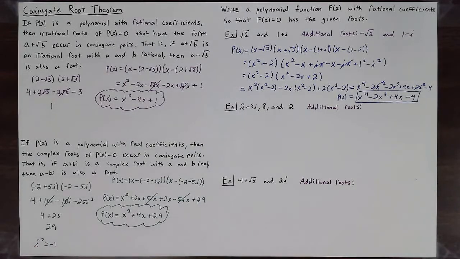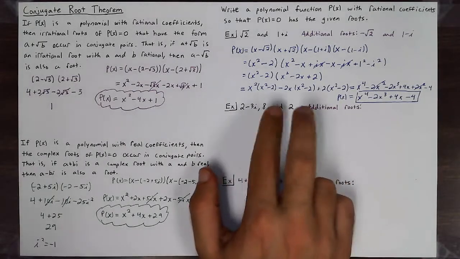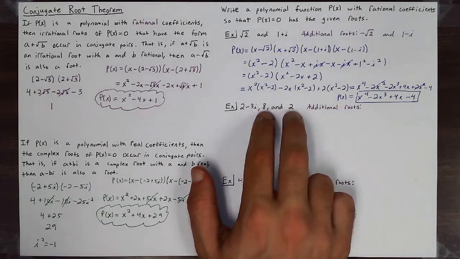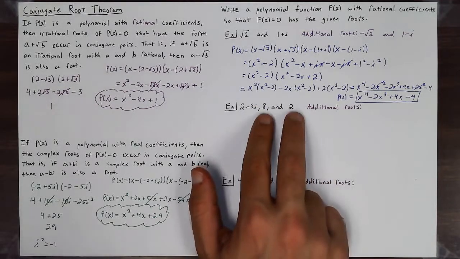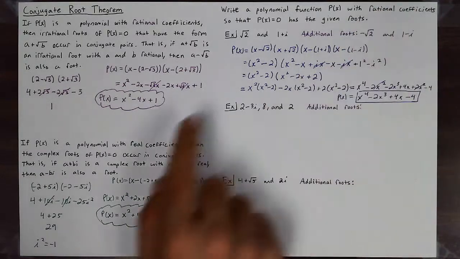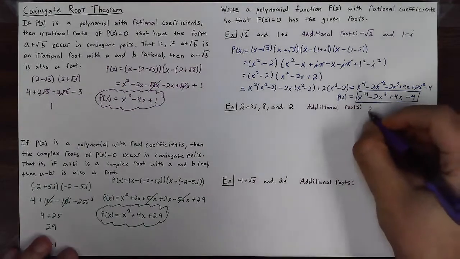Let's try this again with another problem. So we'll have 2 minus 3i, 8 and 2. Now 8 and 2 are already real numbers that aren't irrational, so they don't need additional roots. The only one I need to consider is, since I have 2 minus 3i and they are rational coefficients, I need to also consider 2 plus 3i. That's my additional root.